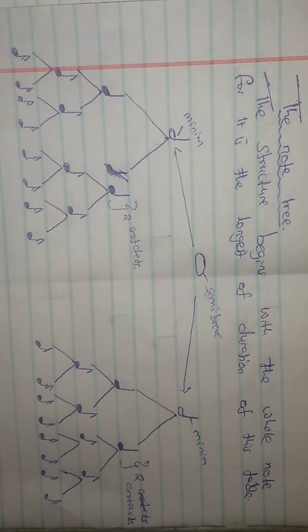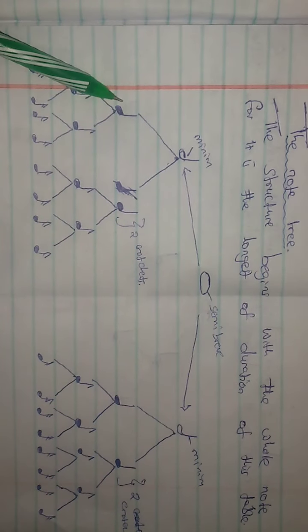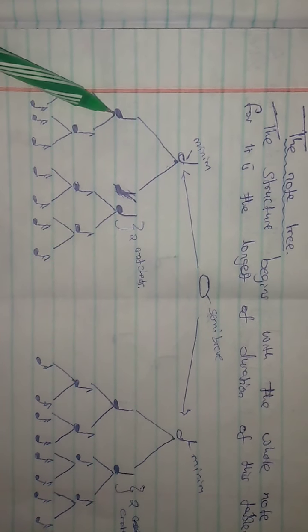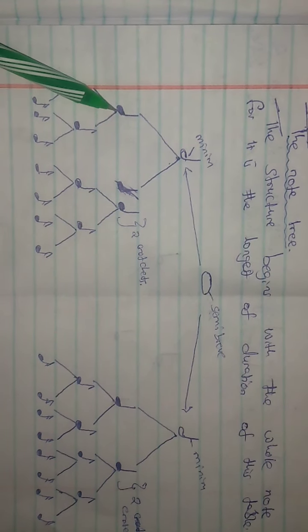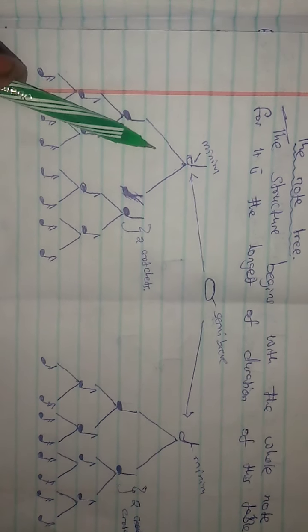From the table, we can see that each minim branches into 2 crotchets, meaning that a minim is made up of 2 crotchets. So the addition of 2 crotchets results to a minim.